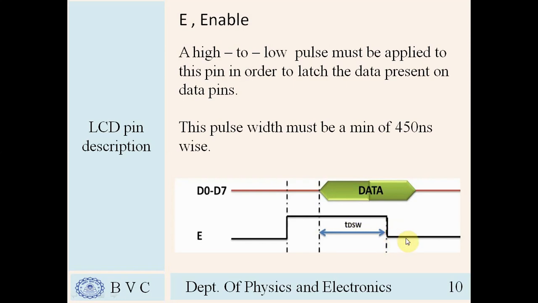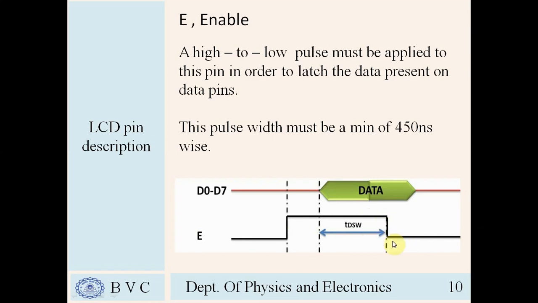The next important pin is the enable pin. A high to low pulse must be applied to this pin in order to latch the data present on the data pins. This pulse width must be a minimum of 450 nanoseconds wide.